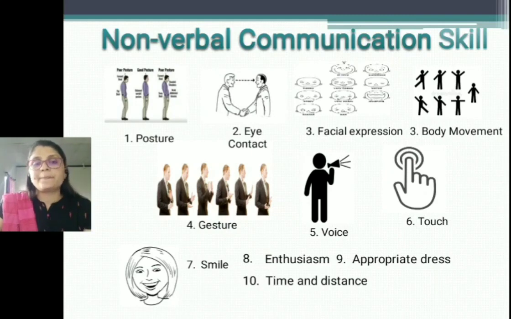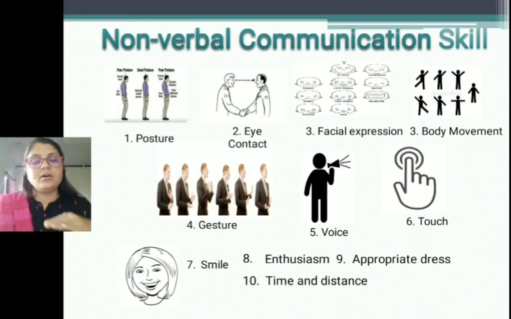Body movement is there. While you communicate with the audience, the customer or any other person, what your body movement is and what your body language is should also be very important. Voice, I already told you, when you are talking with the audience or with persons, your voice should be balanced.